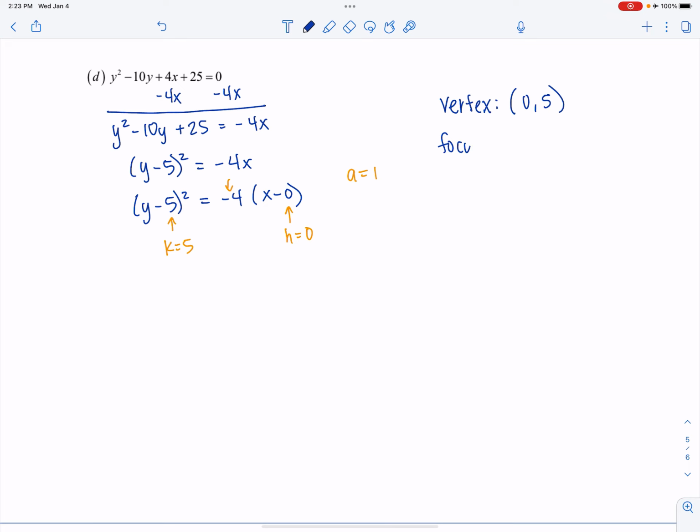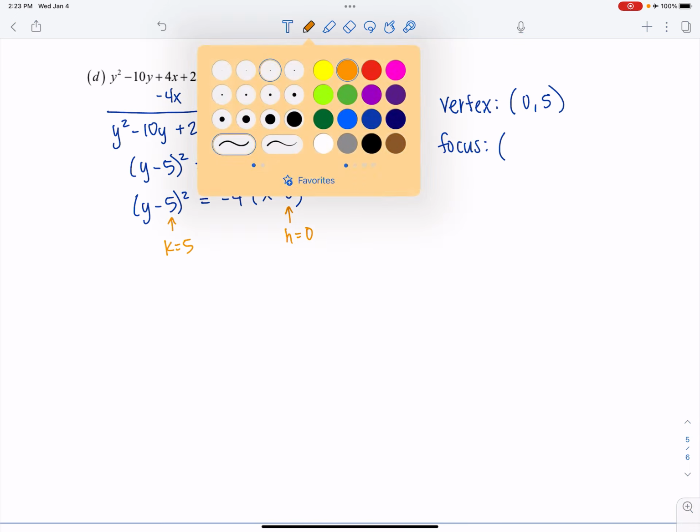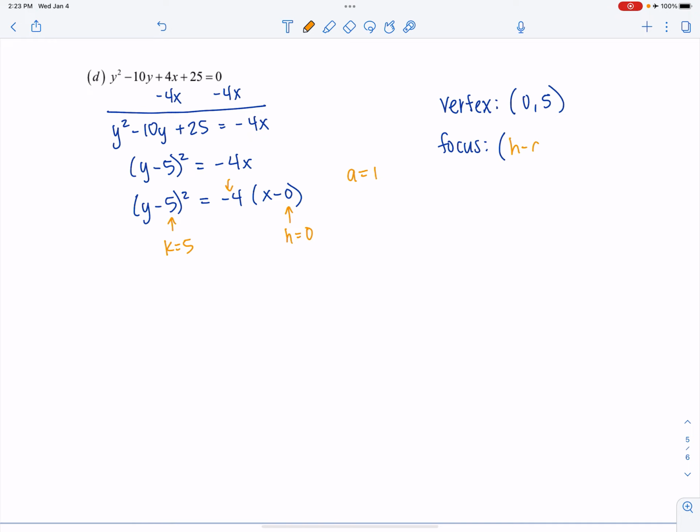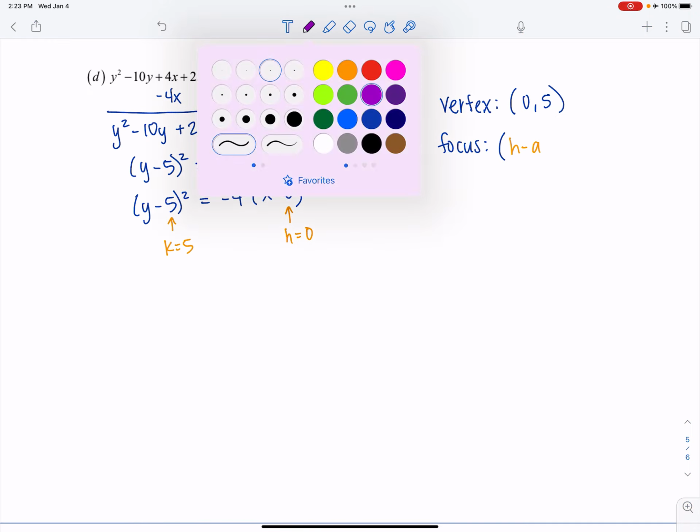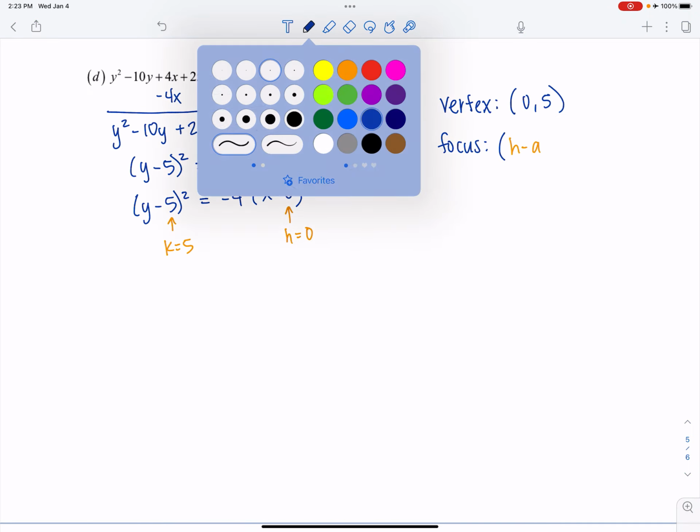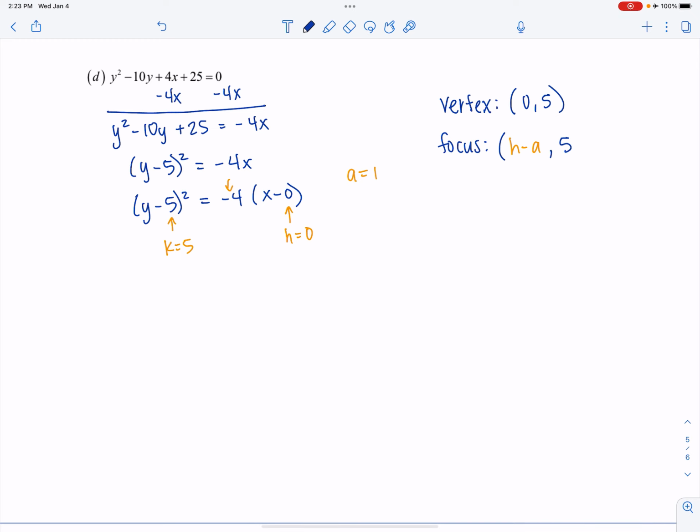Our focus, following the same format, we're going to put h minus a here and our k. So we've got h minus a gives us a -1, 5.